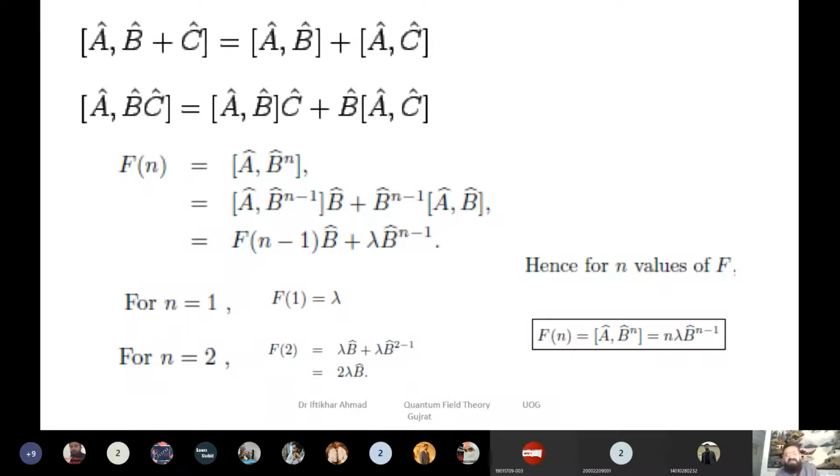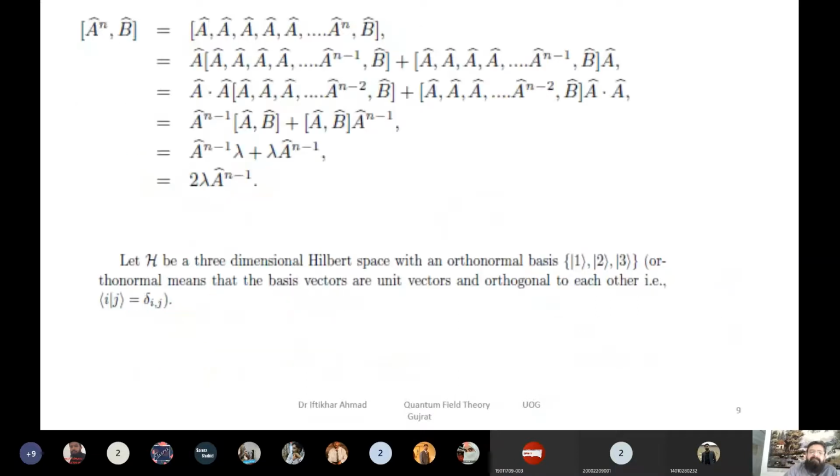By mathematical induction you show that fn is also equal to the commutator of a and b raised to power n, which is equal to n lambda b raised to power n minus 1. So you can prove this relation in this form. Next, if you take the commutator of a and b^n, this is another way you can open this, because a^n means a multiplied n times with each other.